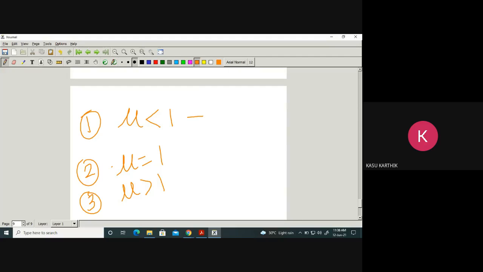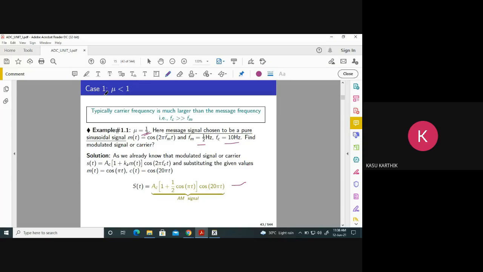We'll see these 3 cases depending upon the value of mu. What is the significance of mu? Here case 1, mu less than 1, because here mu equals 1 by 2.